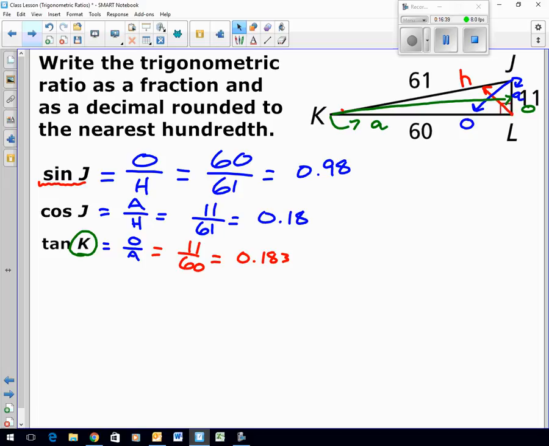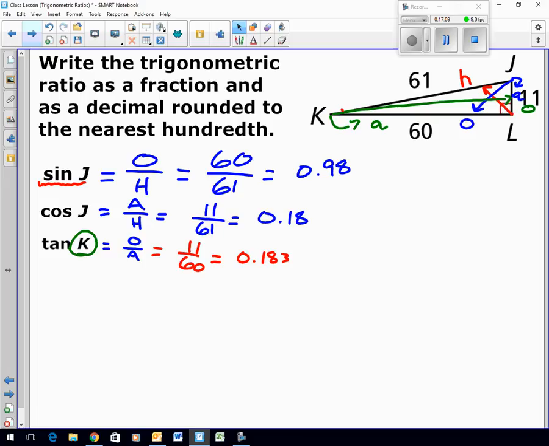Trig ratios are only available for the non-right angles, also known as the complementary angles of right triangles. In every right triangle problem, you identify the right angle, and you're never going to have a sine, cosine, or tangent for L.